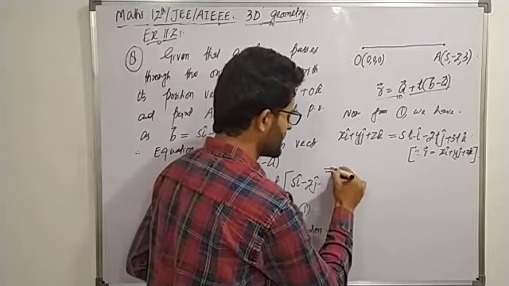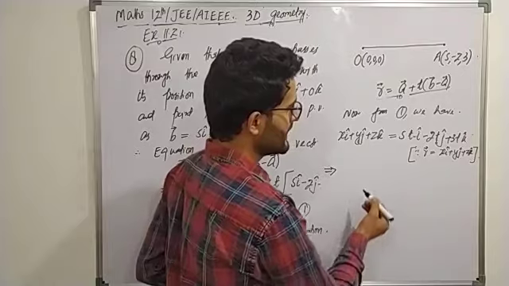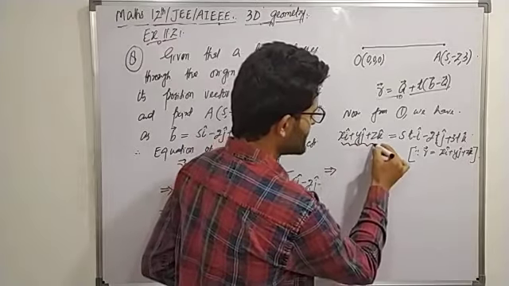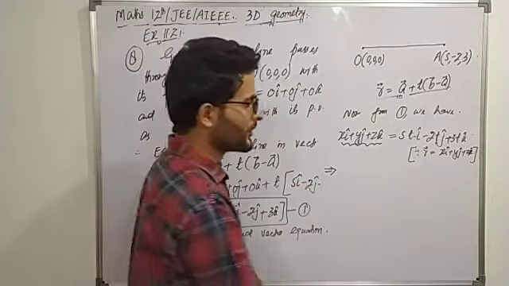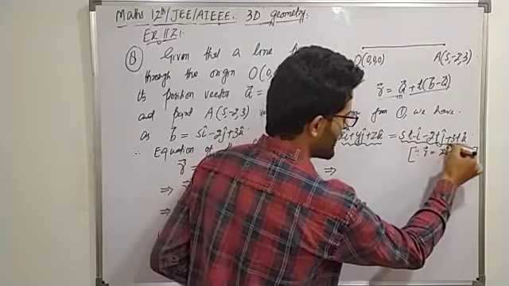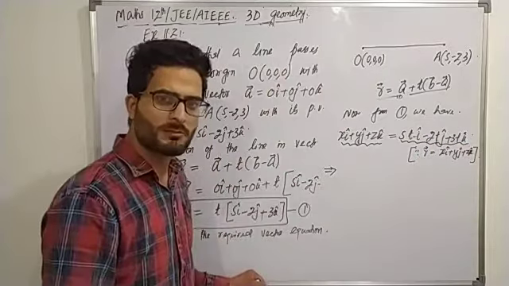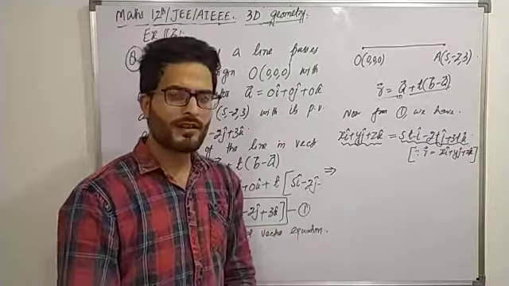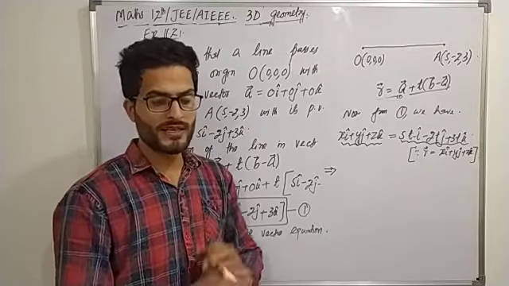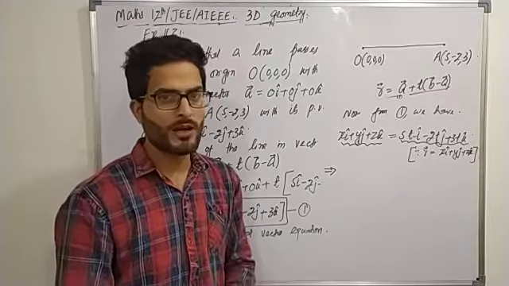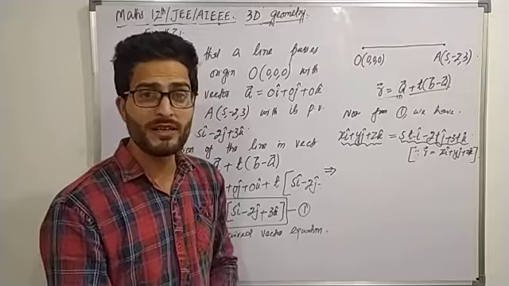Implies this can be further written as, yes, LHS में हमारे पास एक वेक्टर है रिप्रेजेंटेड इन टर्म्स ऑफ कंपोनेंट्स, RHS में हमारे पास एक वेक्टर है अगेन रिप्रेजेंटेड इन टर्म्स ऑफ द कंपोनेंट्स. When two vectors are represented in terms of their components and they are equal, so their corresponding components must be equal.